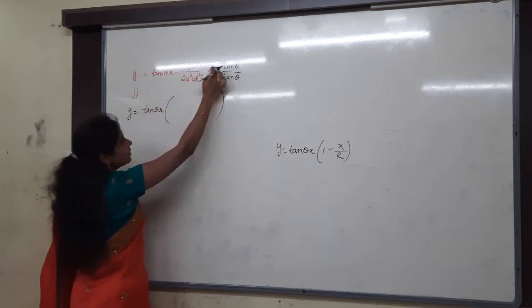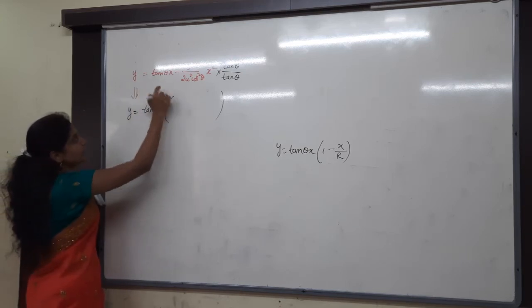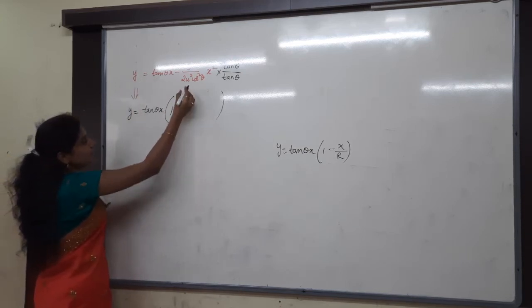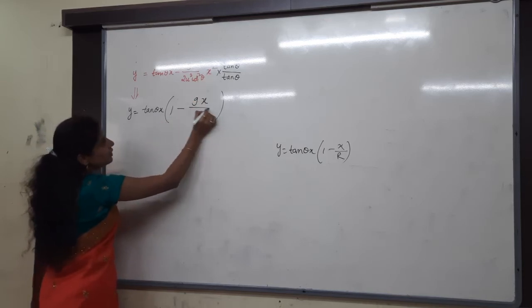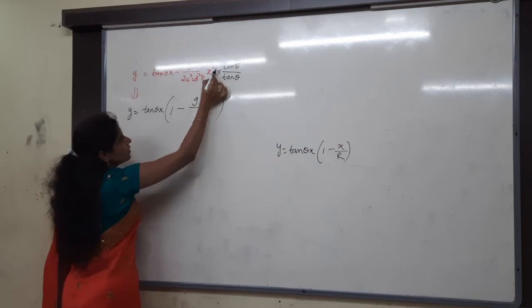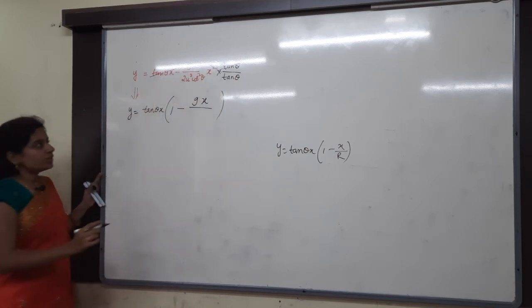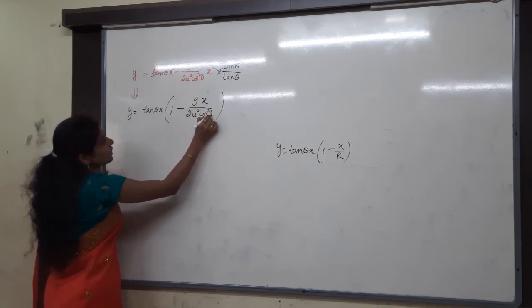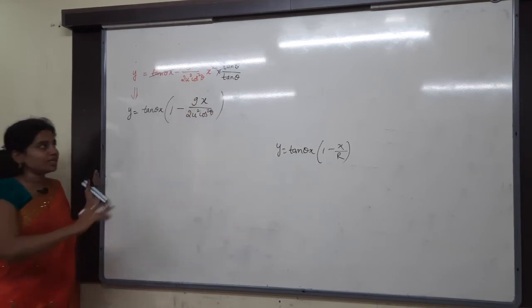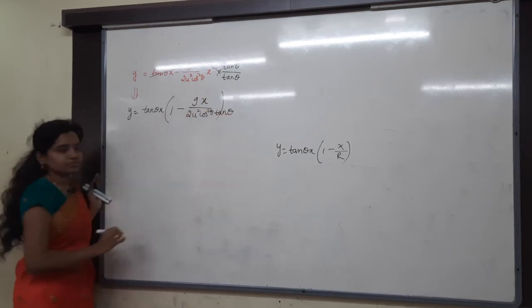If I take them outside, what is remaining? 1 minus g into x, that is remaining, since tan theta and one of the x came out. Then g by 2u square cos square theta is remaining, and in the denominator there is tan theta. Understand, right?